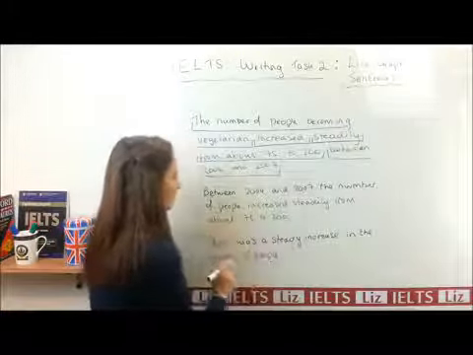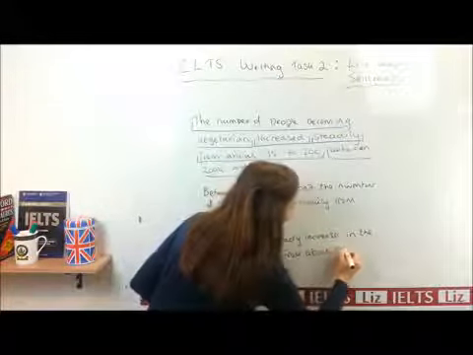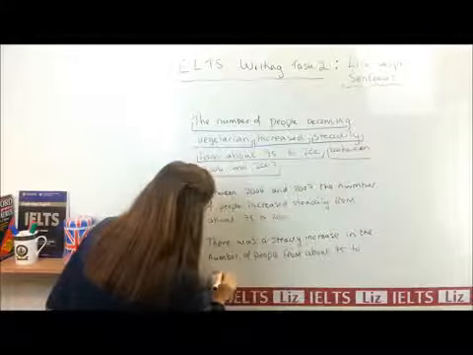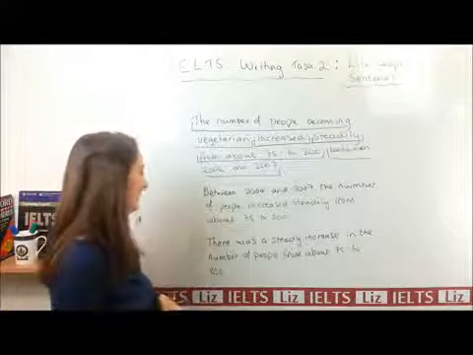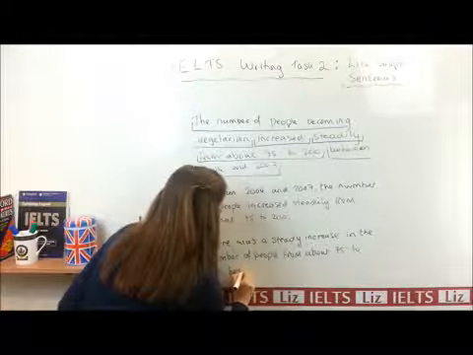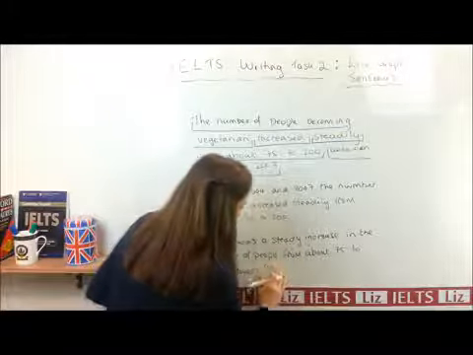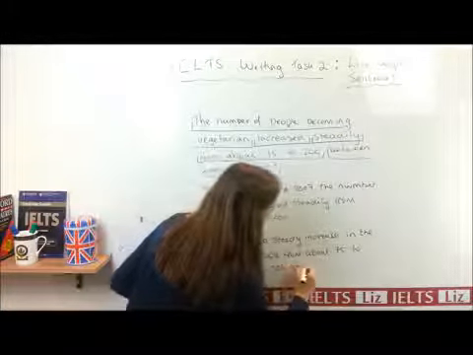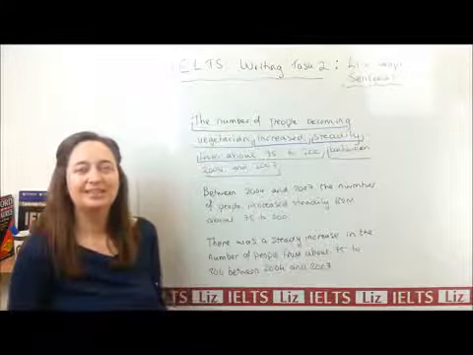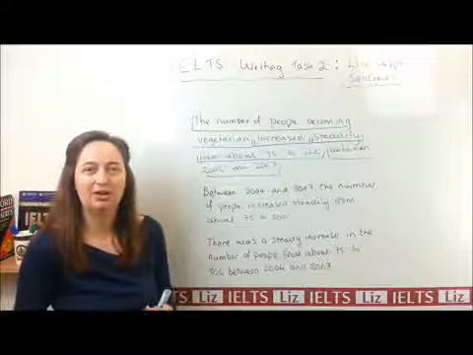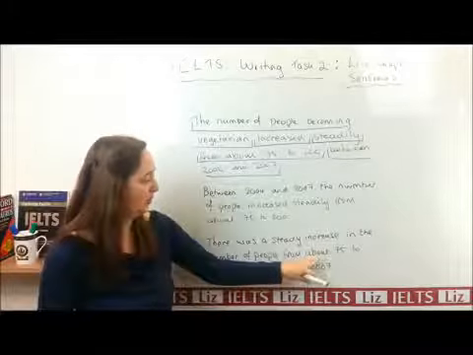Now we need the numbers from about 75 to 200. And what's missing? Well, the dates are missing. And we've got between 2004 and 2007.